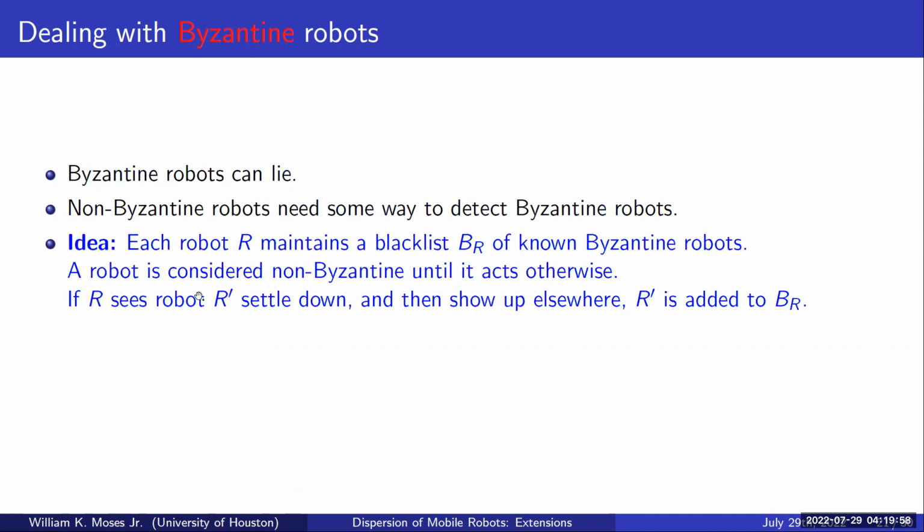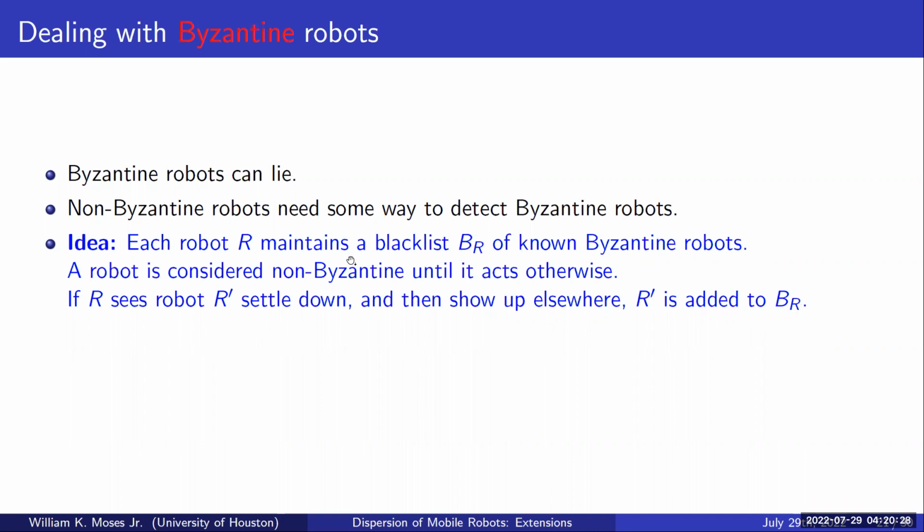And basically, for a given robot R, all the other guys are considered good guys until they act badly. And what does it mean to act badly? Well, you just saw it. For example, robot 1, it said it would settle down somewhere, but then it showed up somewhere else. When robot R sees another robot, say 1, act like this, it adds 1 to its blacklist.